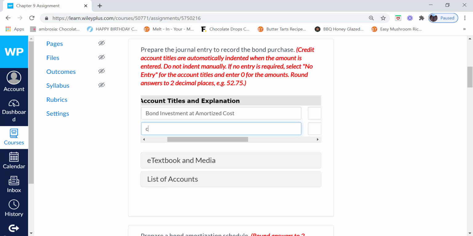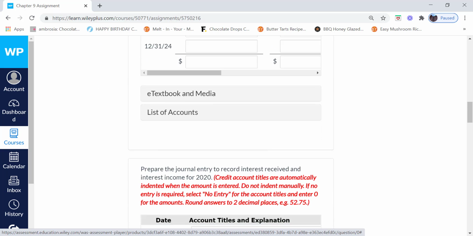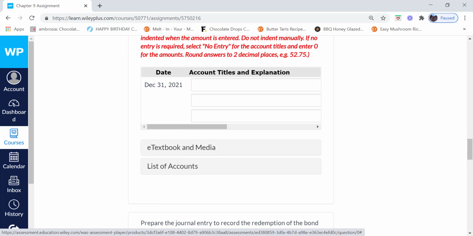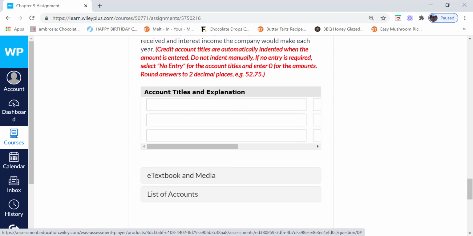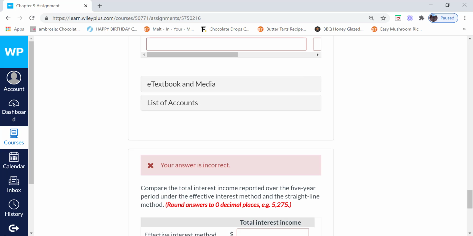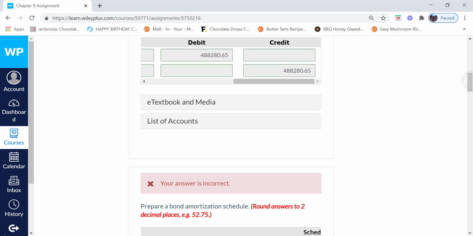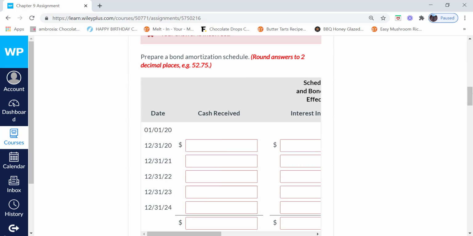And I assume I paid with cash. As I said, it's a long question. So that's the first part. That's the same for every investment.